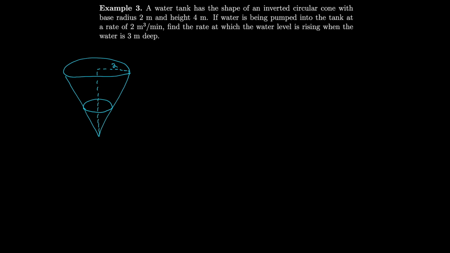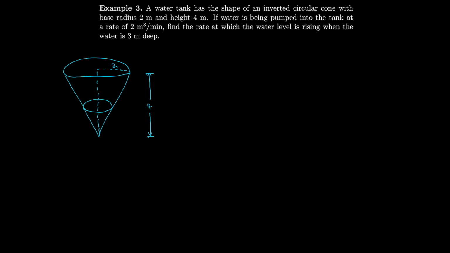So if I look at this height, it should be 4 meters. And I want to know the rate at which the water level is rising when the water is 3 meters deep.